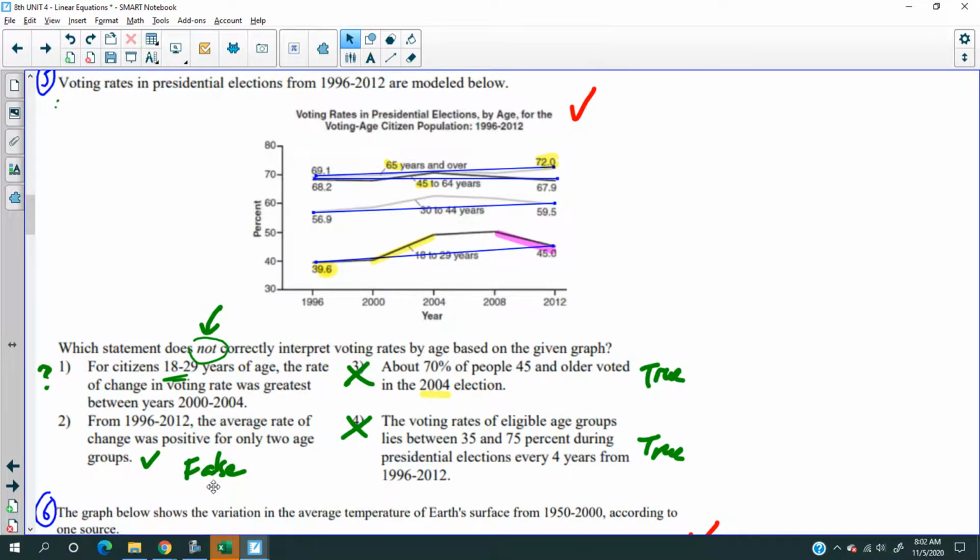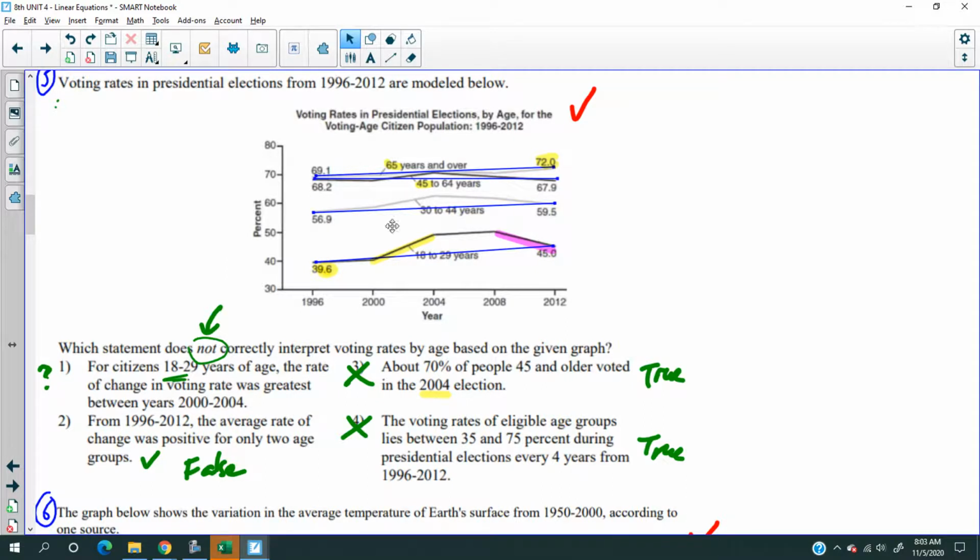The last thing was, I wanted to make sure that choice 2 was absolutely not the answer, and if I can't prove that, then that's probably the choice. So what I did was this: from 96 to 2012, so the span of the study, the average rate of change was positive for only 2 age groups. So I thought, okay, how can I figure that out without crunching any numbers?